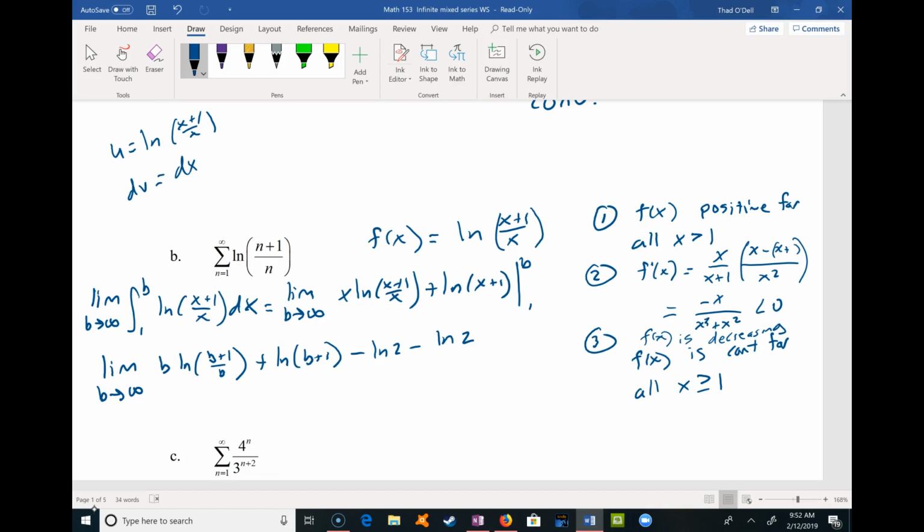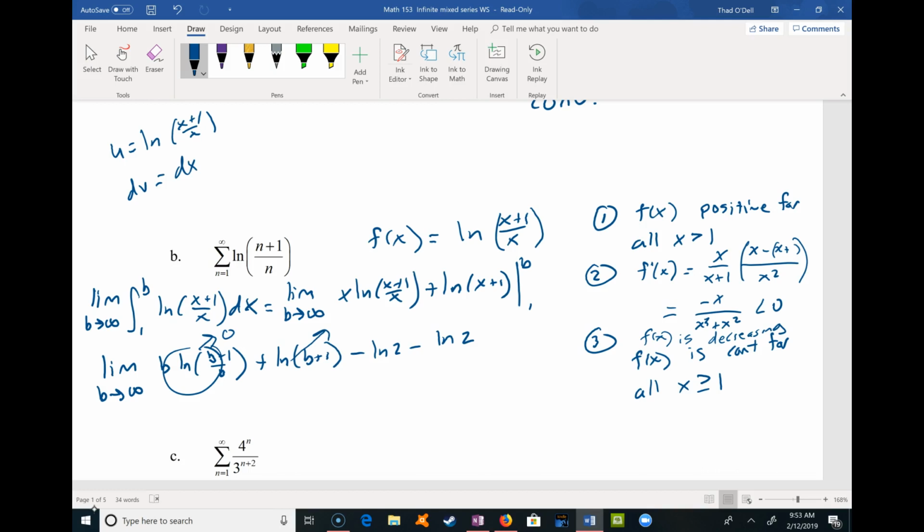So the question is, what happens to this? So as b approaches infinity, this approaches 1, and the natural log of 1 is 0. So this whole thing is approaching 0, because 0 times anything is 0. And this one is just getting bigger and bigger without bound.